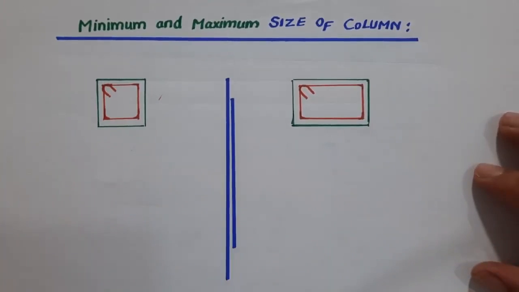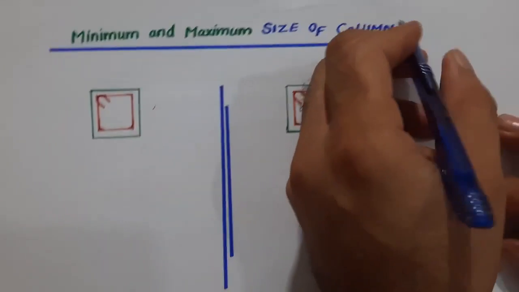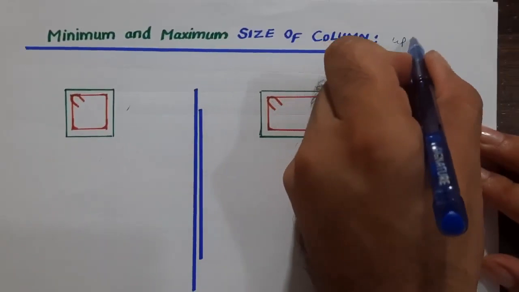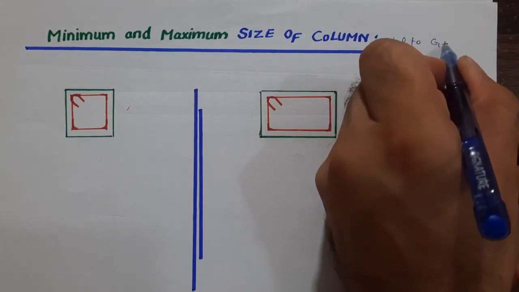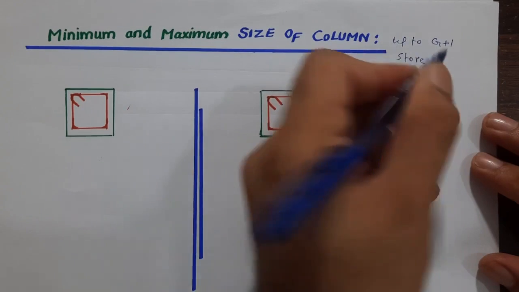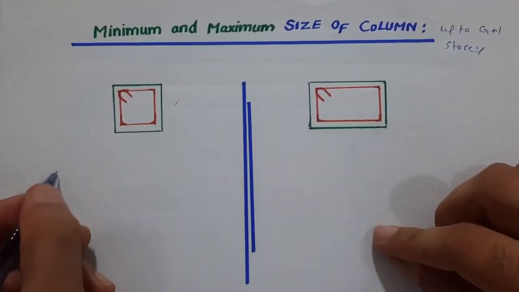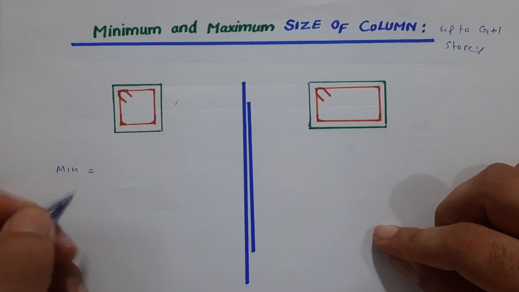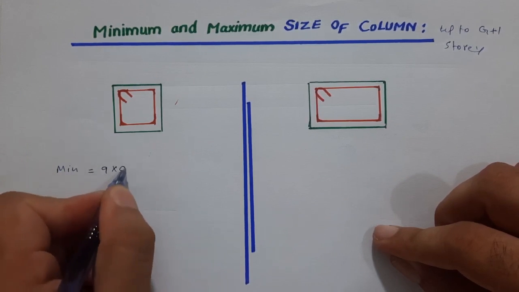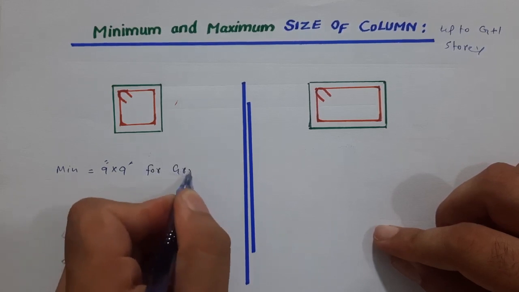Minimum and maximum size of RCC column for normal residential building up to G+1 story, ground floor plus first floor. Remember guys, the minimum size of the column should not be less than 9 by 9 inches for ground floor.